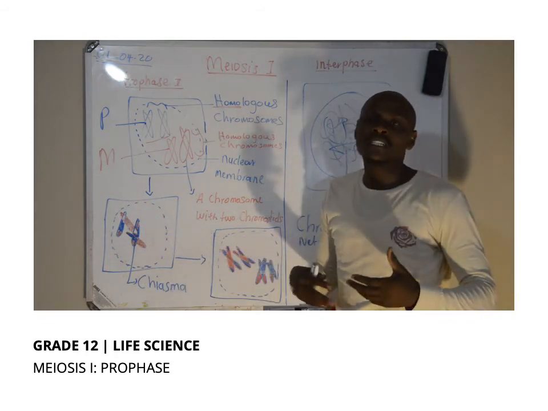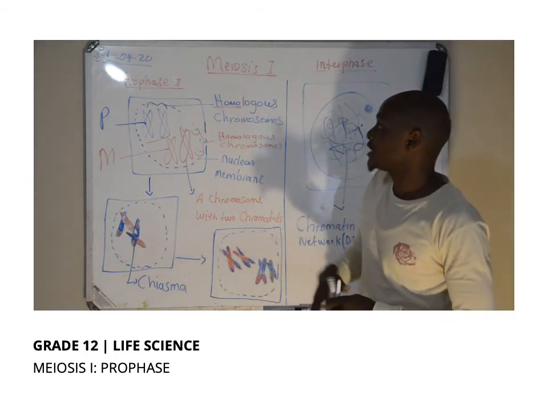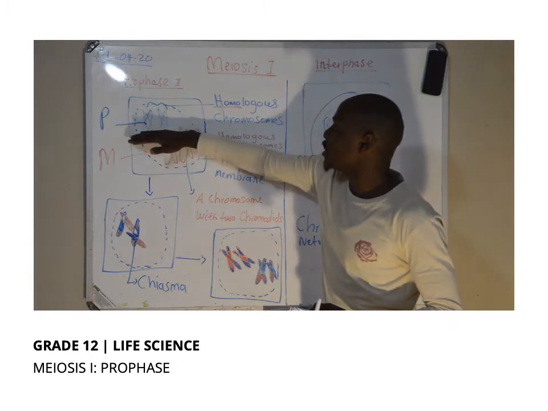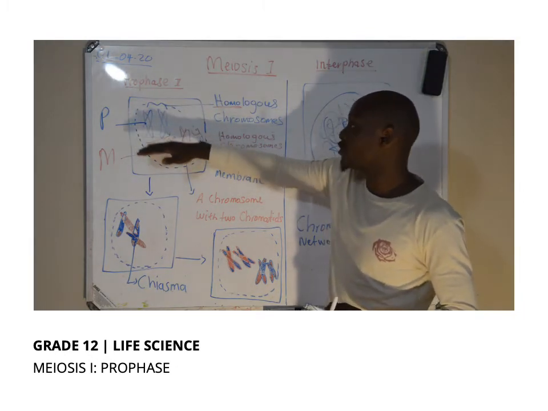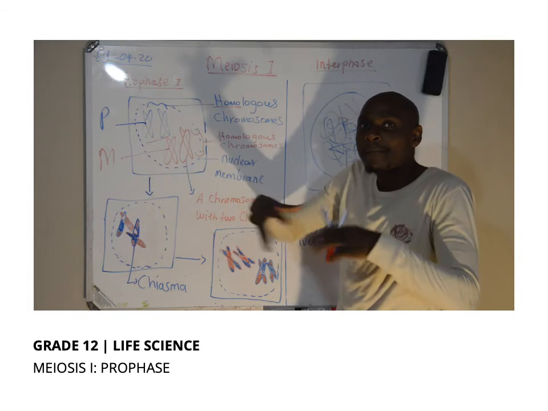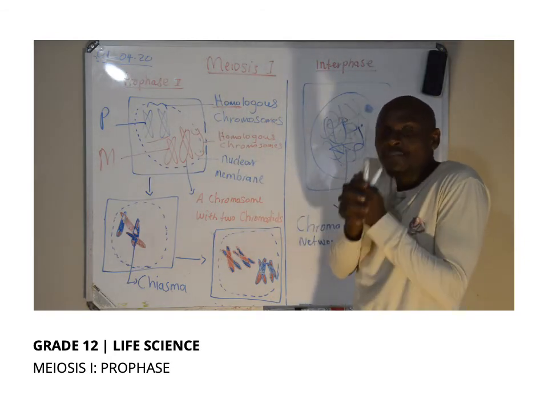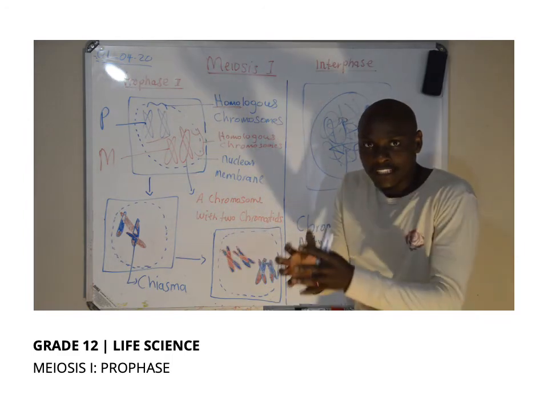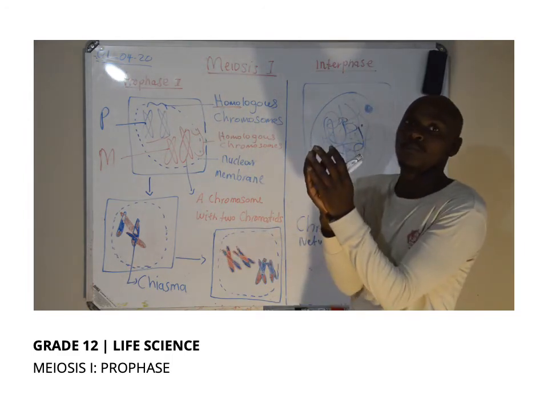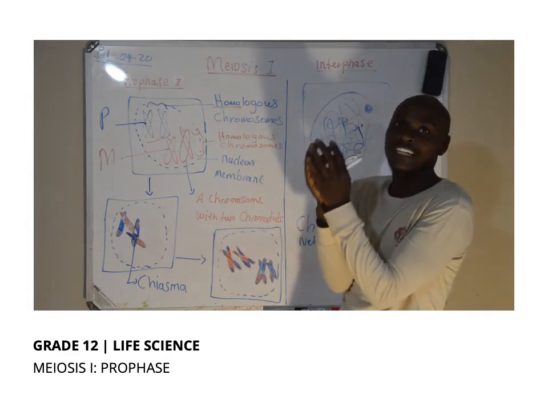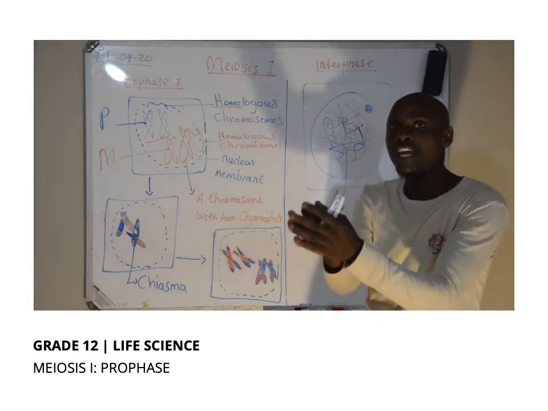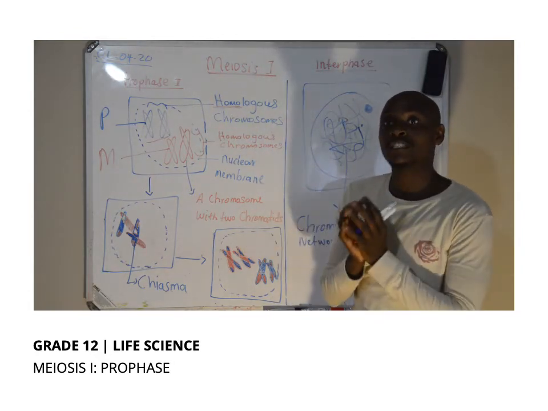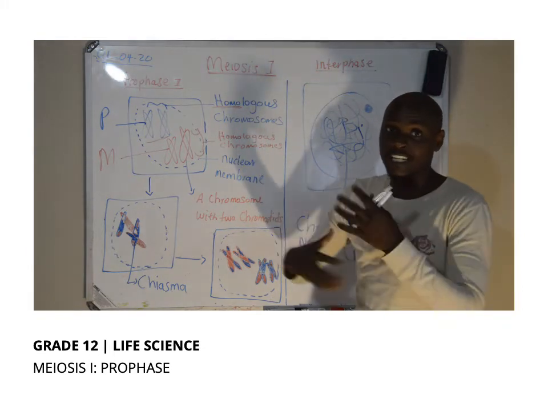But all that I want to explain to you is that the genes that come from the father and the genes that come from the mother mix together. And after mixing together, they divide. After that division, they have all the characteristics that will be passed on to a child. So before a child is formed, there's a lot of mixing that takes place.